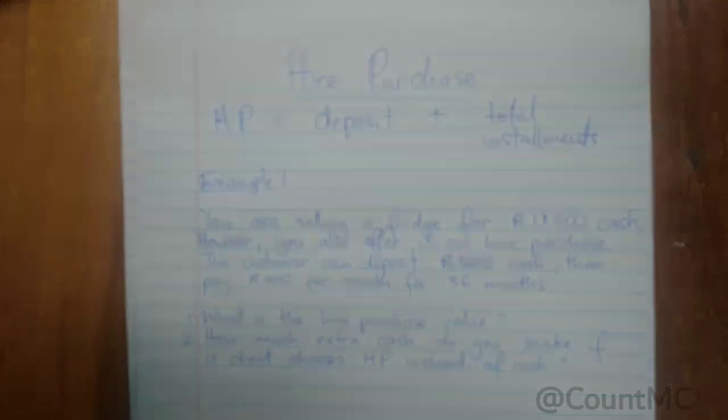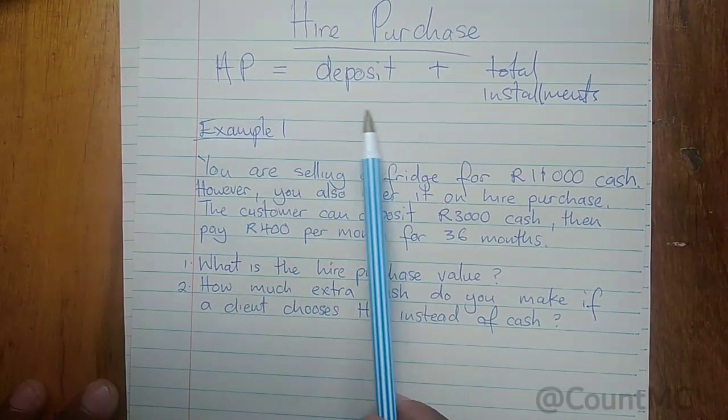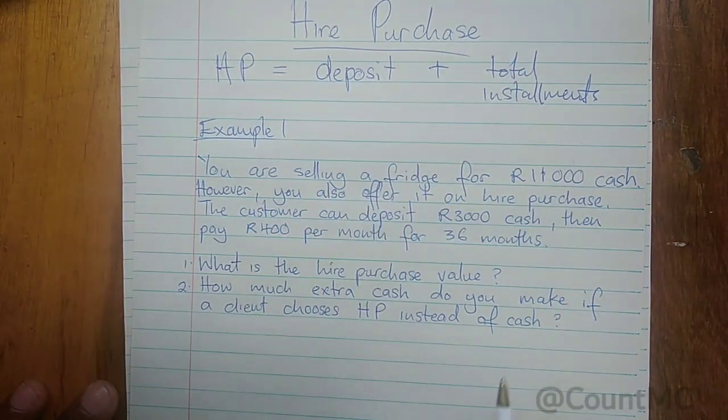While you are using your item, you always pay some deposit first, then you finish the rest in the required amount of time. So hire purchase is equal to the deposit plus the total installments.